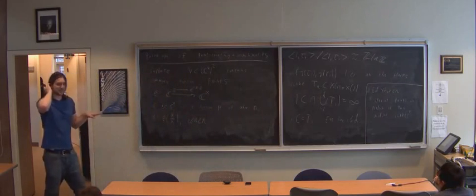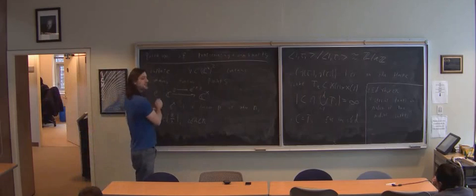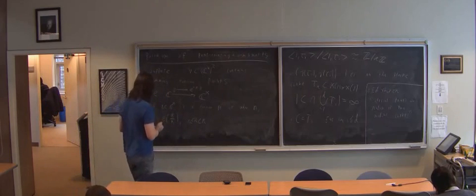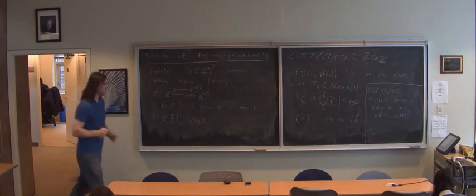It's a very simple fact. Torsion points are images under E of the rational points. Did I screw it up? I think this is correct. Okay.